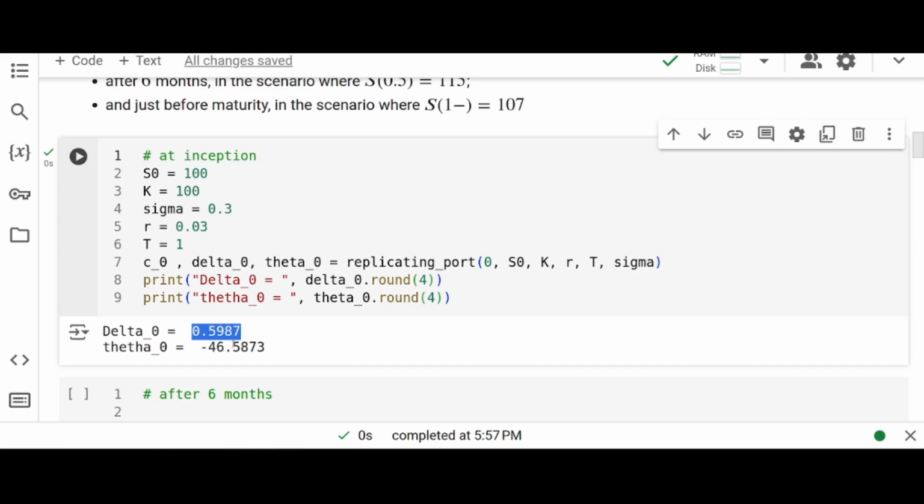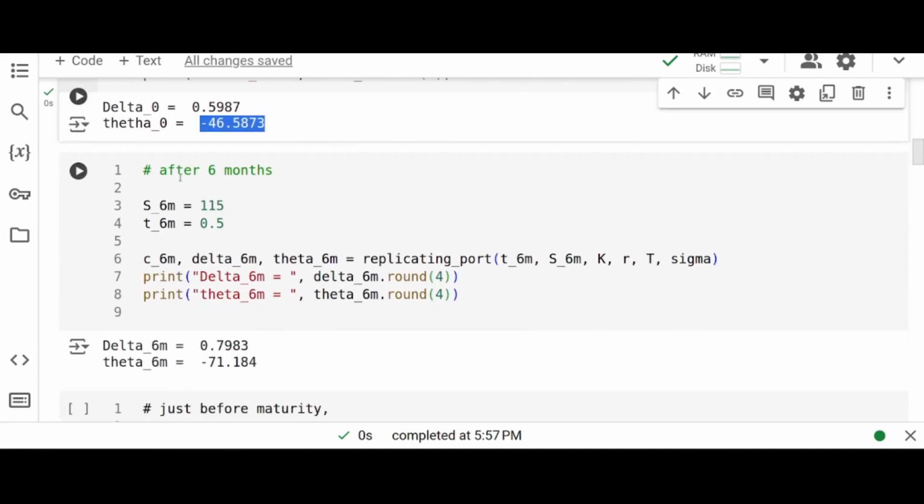To achieve that, it has to borrow 1,000 times this amount for each share from the bank, or from the risk-free interest rate.